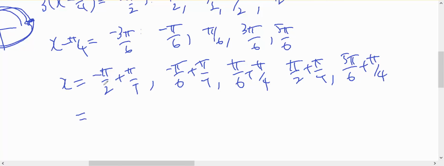So this will be minus pi on 2, so that's minus pi on 4. And this one is all on 12, and that will be minus 2 pi plus 3 pi.